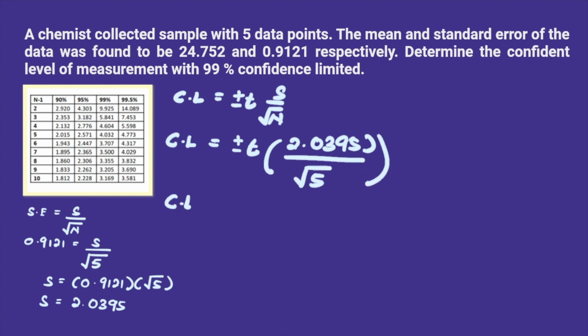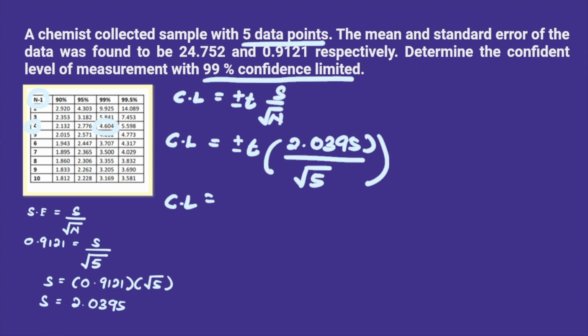So how are we going to find the value of t here? You have 5 data points and you want a 99% confidence limit. Remember here it is n minus 1, so 5 minus 1 is 4, and you want to get it at 99%.